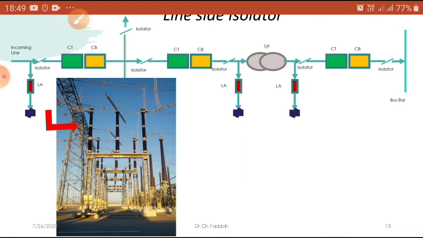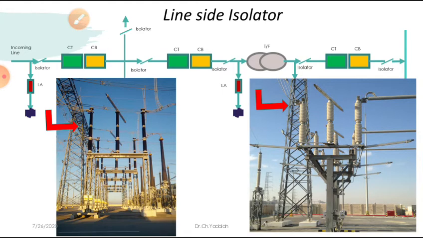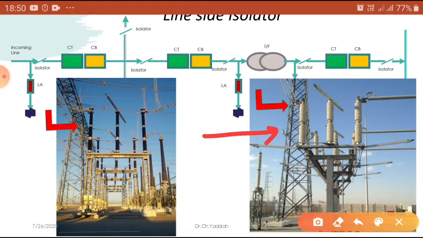Then you can see another figure also. Here it is the same thing. The input is coming from this side, it is given to this one, and it goes to the output on this side. In between I used a double break isolator. This type of isolator is known as the one at the starting, the incoming line.